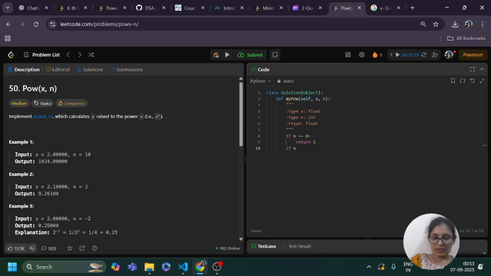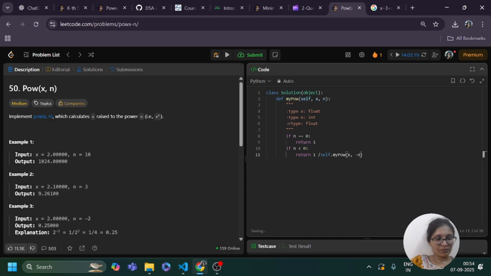If n is less than 0, we need to return 1 divided by self dot myPow x comma minus n.